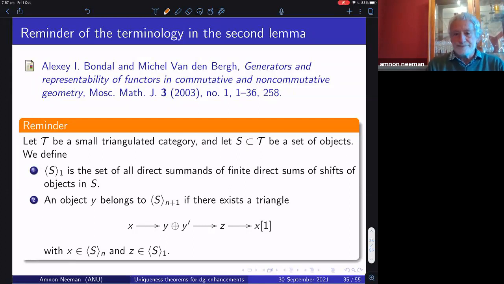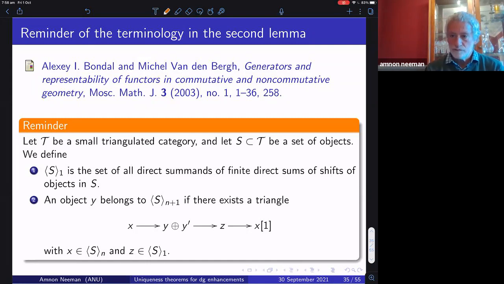So this is S1. And now you inductively define Sn by the formula that Sn plus 1 contains all extensions of objects in S1 by objects in Sn, and all their direct summands. So an object y belongs to Sn plus 1 if there is a y dashed so that y plus y dashed is an extension of an object in S1 by an object in Sn.